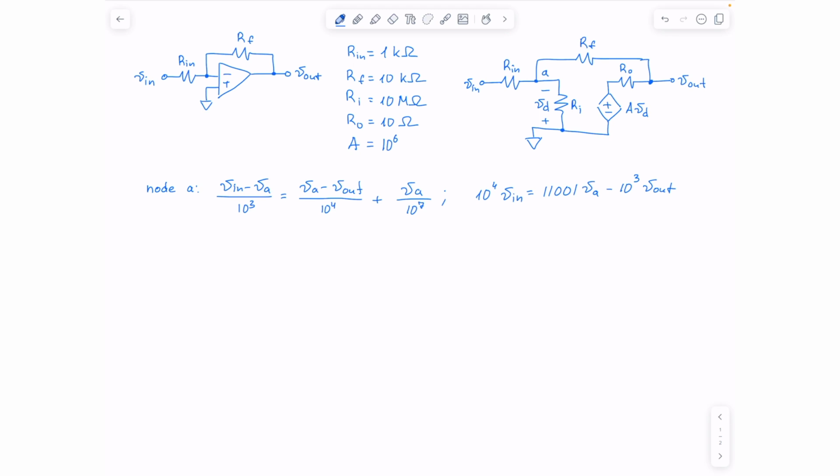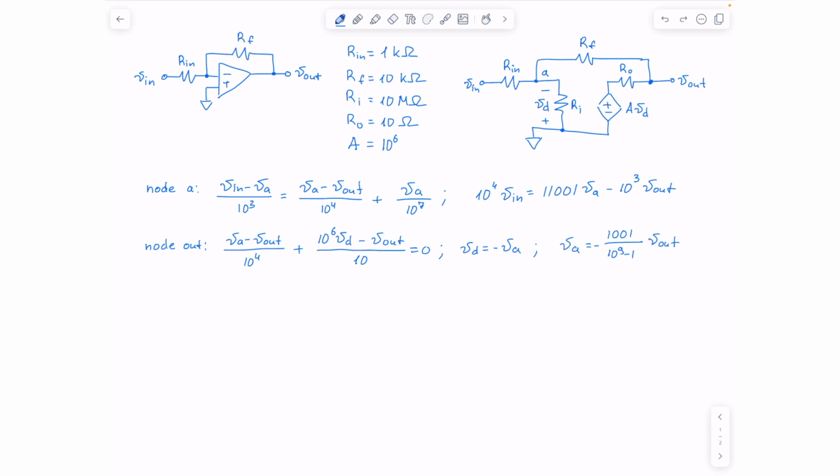Okay, and we do the same for output node. From the circuit, we can see that VD equals negative VA. So we substitute it into the second equation, and we simplify it to solve for VA.